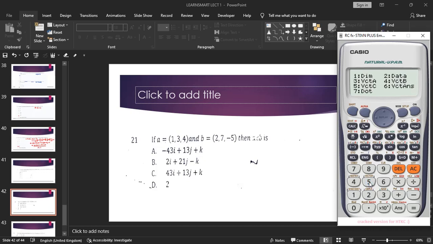So let's choose our second vector, vector 2. Let's insert our values. We have 2, 7, and then minus 5. So let's try to find A by B. Shift 5, choose vector A, that's 3, multiplying by vector B. Let's see our final answer.